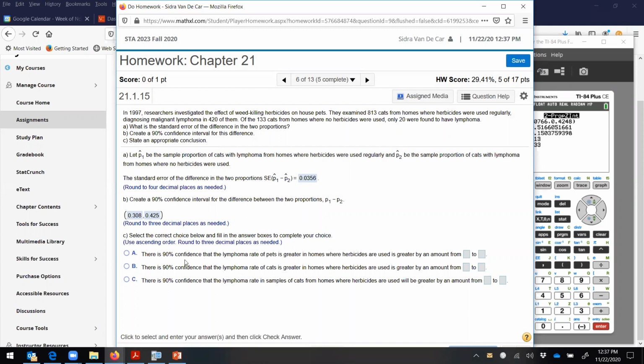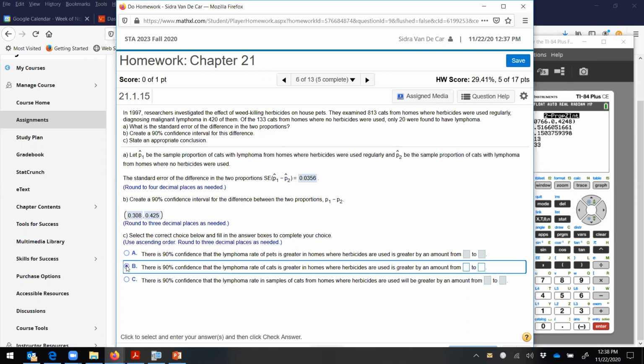Select the correct choice. Okay, there is 90% confidence that lymphoma rates of pets is greater in homes where herbicides is used by an amount from... Oh, I was trying to look for the difference between the first sentence and the second sentence, and I see here it's pets and here it's cats.